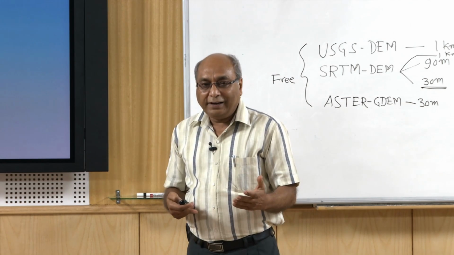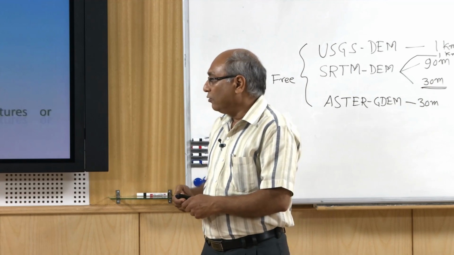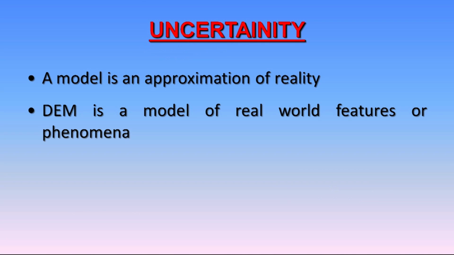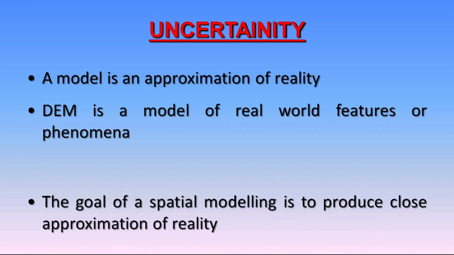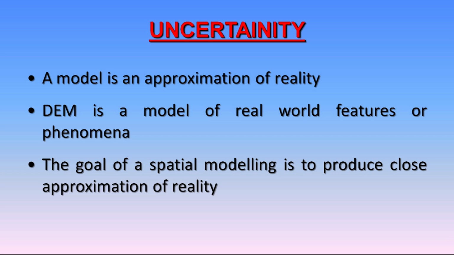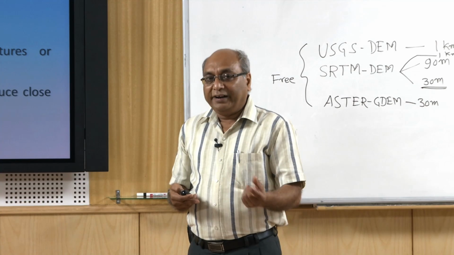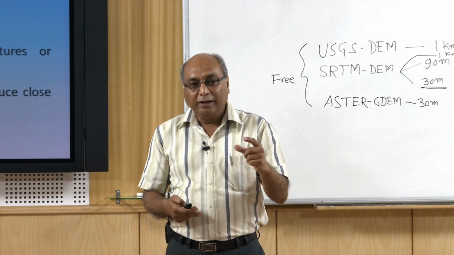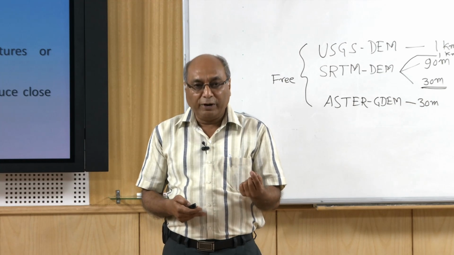As you know, the digital elevation model is an approximation of reality. The DEM is a model of the real world, of features or phenomena, which is a terrain, and here the goal of spatial modeling is to produce a close approximation of reality, because it is a representation. It is based on the Shannon theory that within that cell all elevations are having one value.